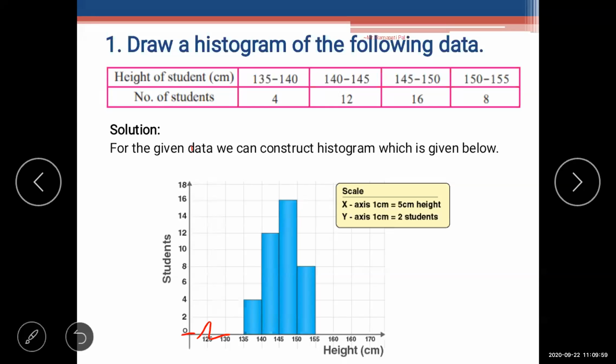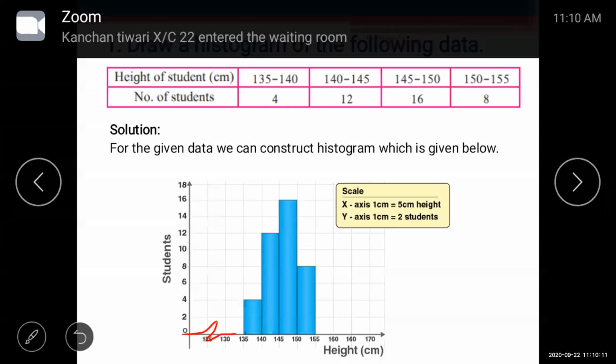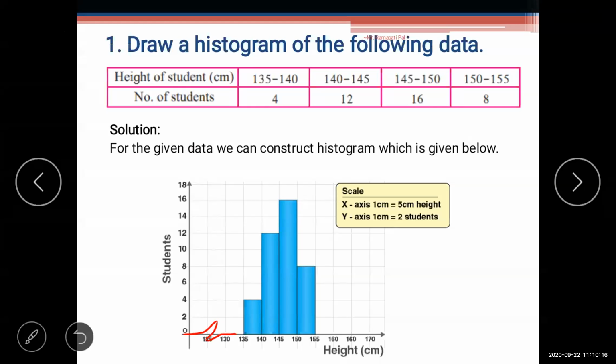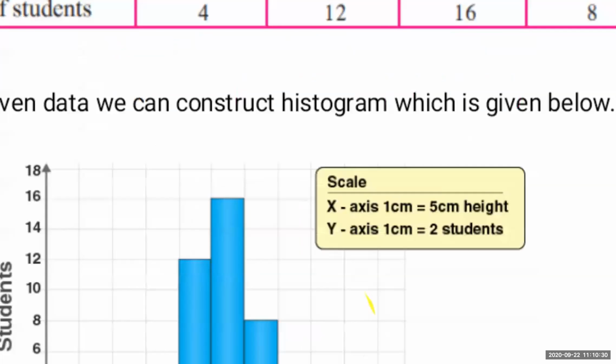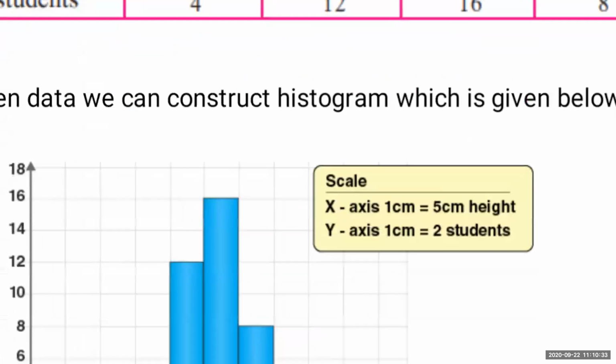Okay, very good. So one more point is there: you have to take the scale compulsorily. Whatever you are going to take on the x-axis and y-axis, that scale you have to write. Is it clear? For example, on the x-axis 1 centimeter is equal to 5 centimeters of height, and on the y-axis 1 centimeter is equal to 2 students.